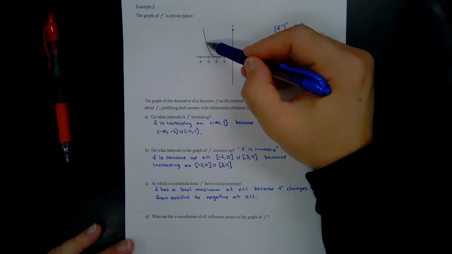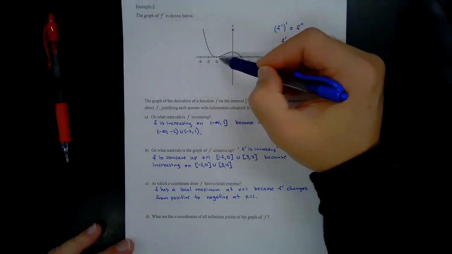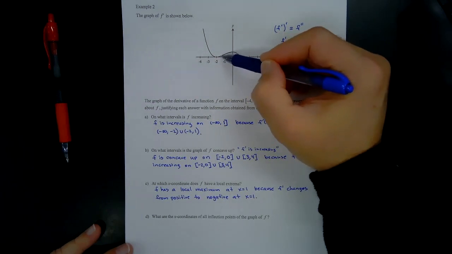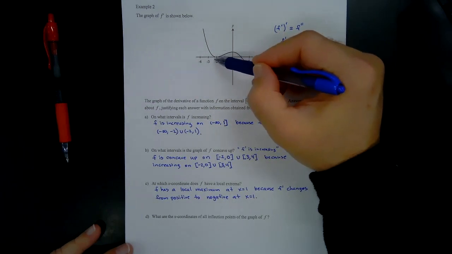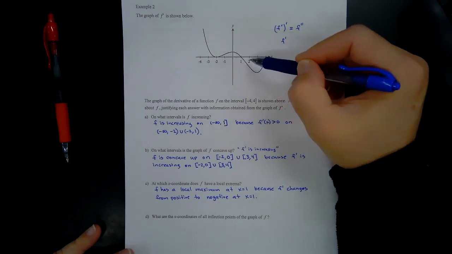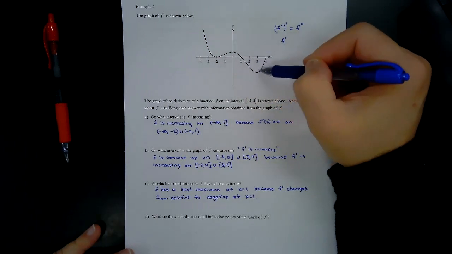So this is right in here. This is telling me the derivative is negative, and then the second derivative is positive here. So we have an inflection point at x equals -2. And then we have another one at x equals 0, okay, because we're changing from increasing to decreasing, okay? And then also at 3.